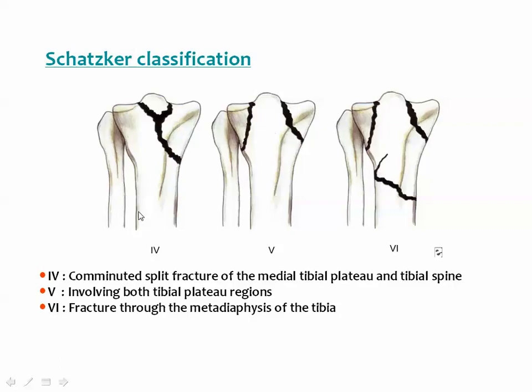Type 4 is an almost Y-shaped fracture affecting the region of the tibial spine and extending into the metaphysis. Type 5 involves the lateral as well as the medial aspects of the tibial plateau, and type 6 involves as well the metaphysis of the tibia.